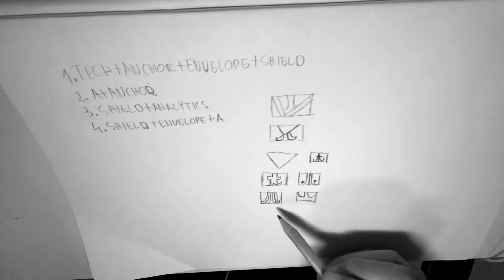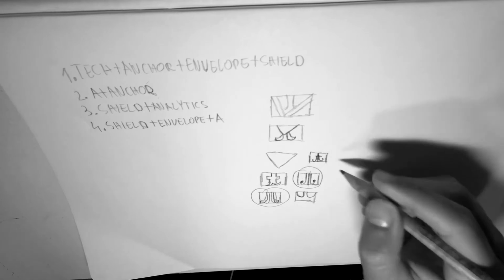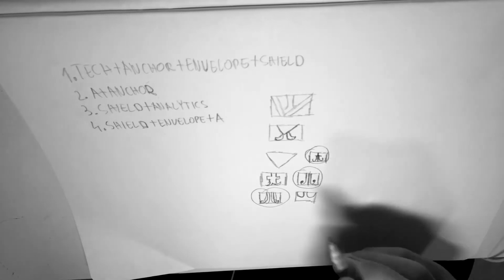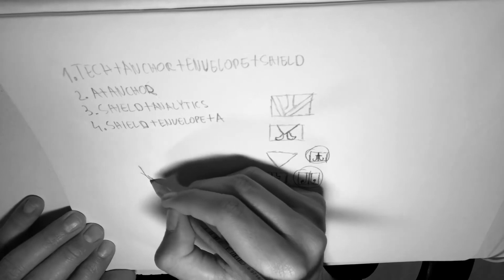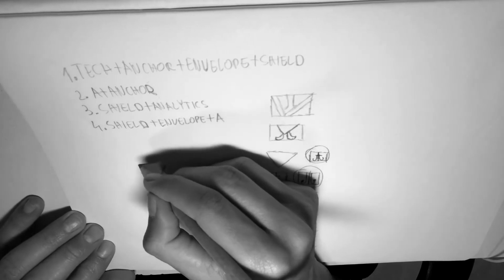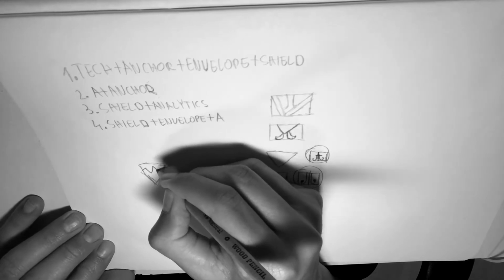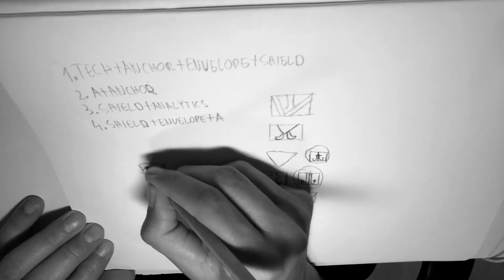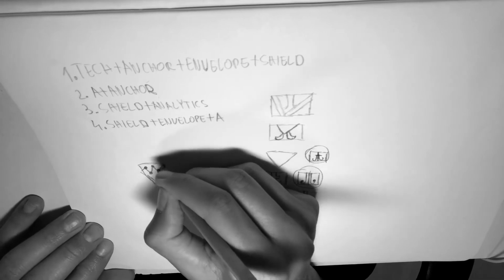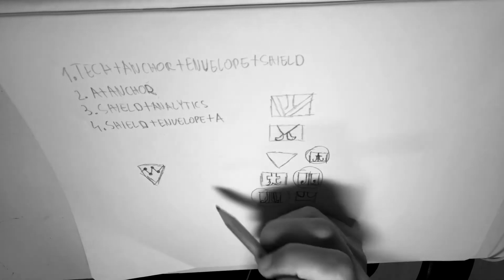I think we can try this type and this one as well. Now we can try shield and analytics. We have a shield and we have analytics. Something like that.